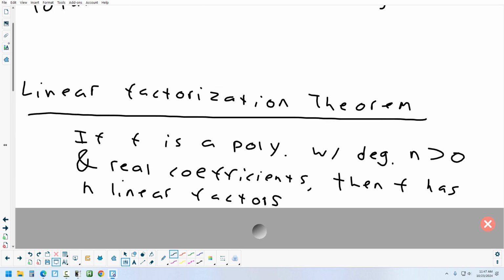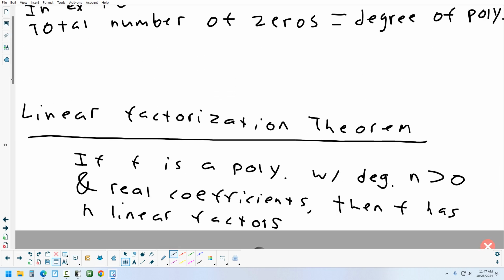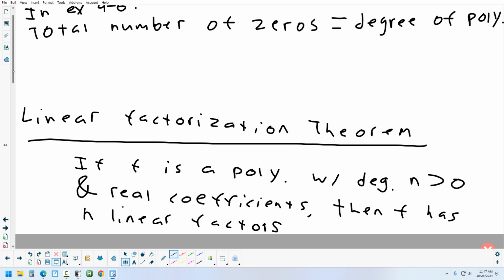And that idea also ties in with factors, because remember, each root comes from a factor. If 2 is a root, x minus 2 is a factor. If 5 is a root, x minus 5 is a factor. So when you factor a polynomial, you will always have as many factors as the highest exponent.